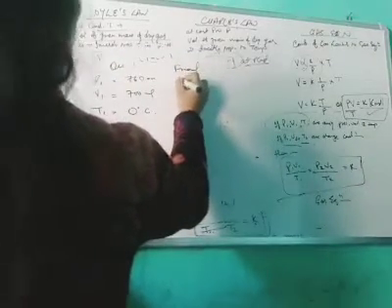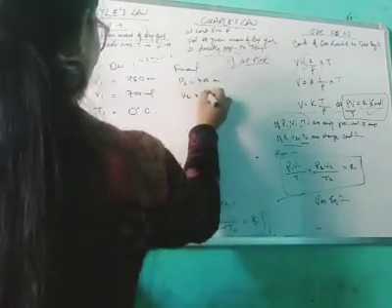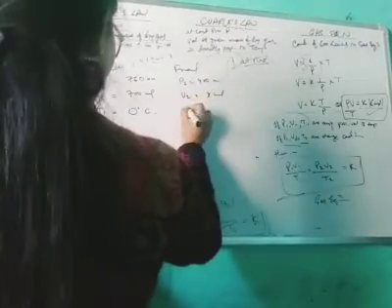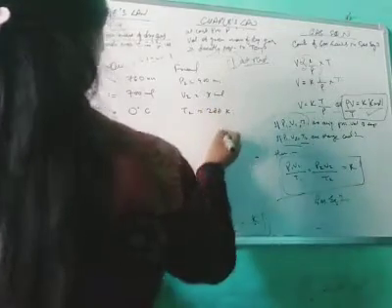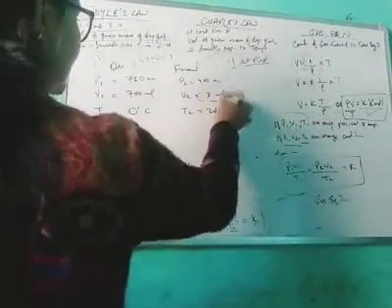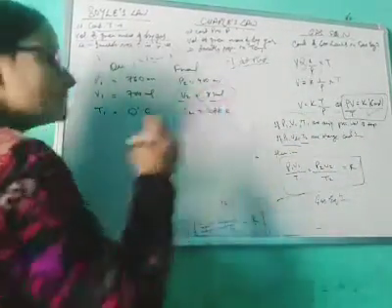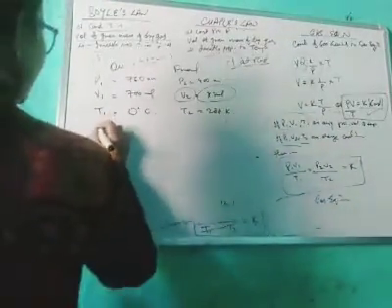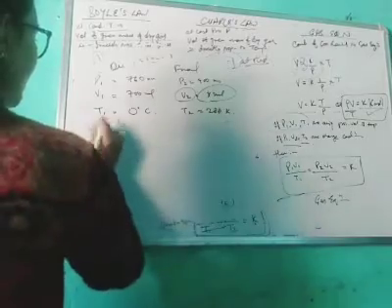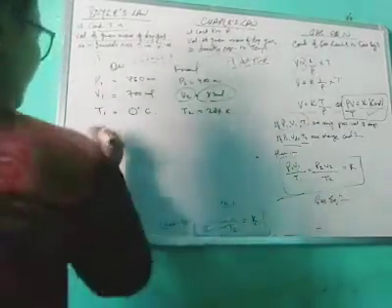Here the final conditions are P2 400 mm, V2 X ml, and T2 288 Kelvin. That means you have to find X. The question is to find the volume at the final stage. This is a question from the gas equation, because temperature, volume and pressure, all three of them, are given.